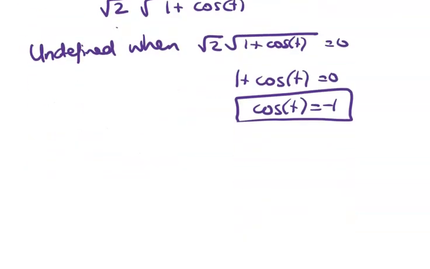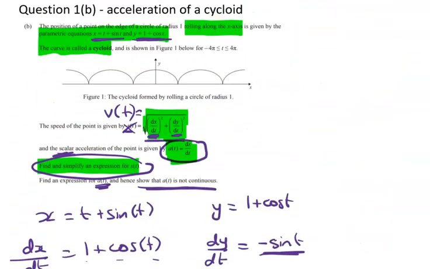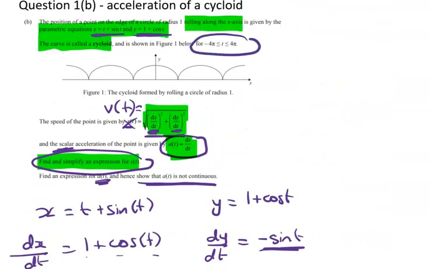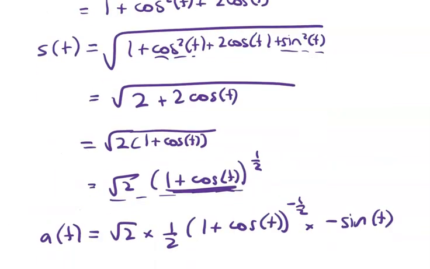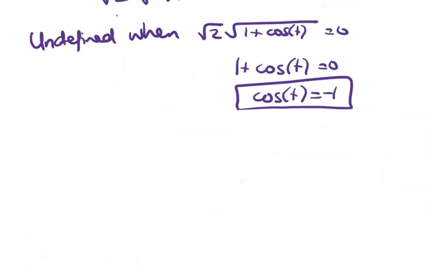Now, when's that going to happen? Note that in the question, we were told that t was between -4 pi and 4 pi. So I'll start off with that, but actually it would be good to show a general rule for those discontinuities. It's not going to be hard to do.